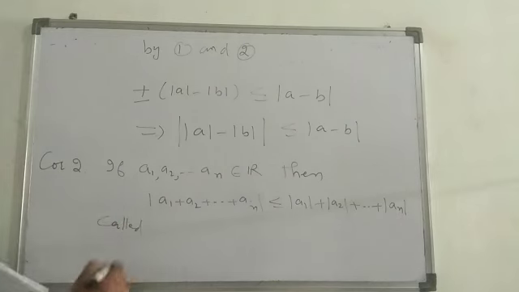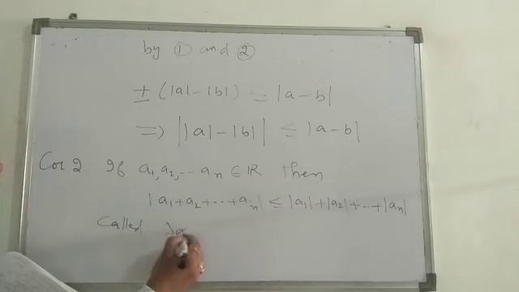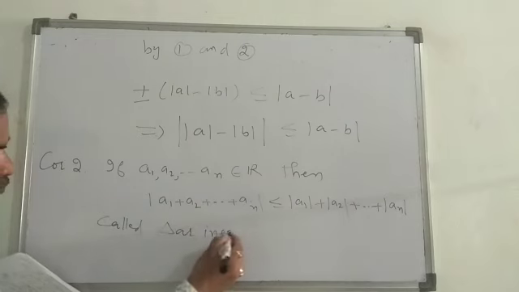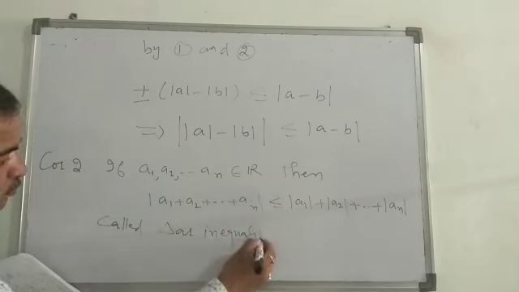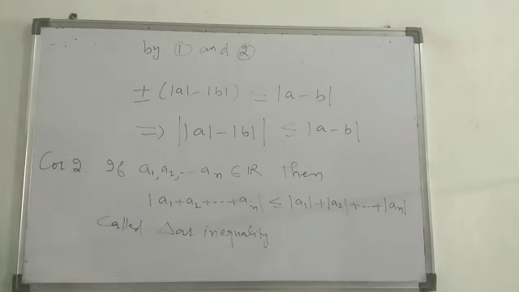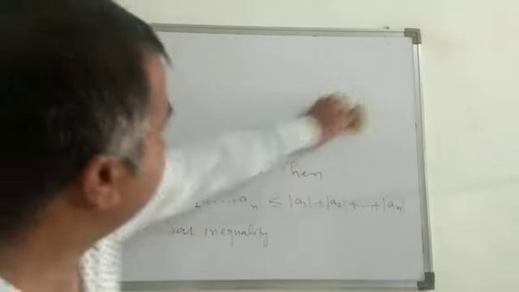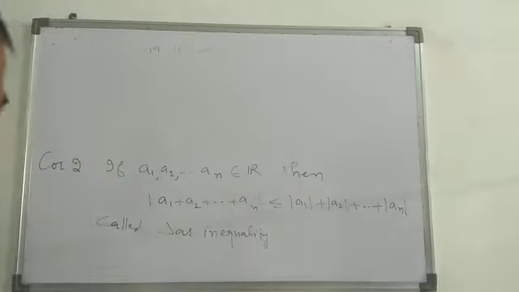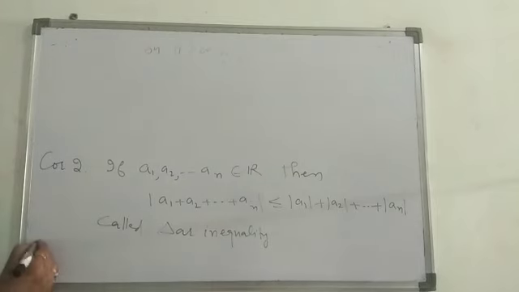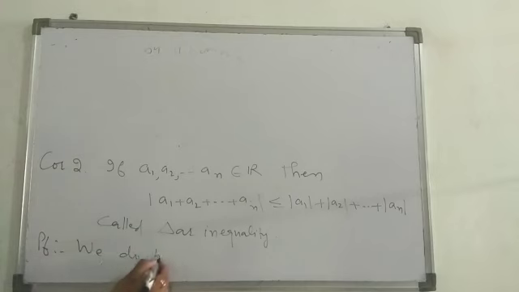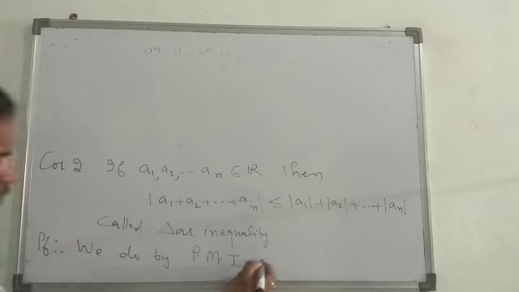This is also called the triangular inequality. Actually, this corollary is just an extension of theorem 10. So we shall prove it by induction on n, by the principle of mathematical induction on n.